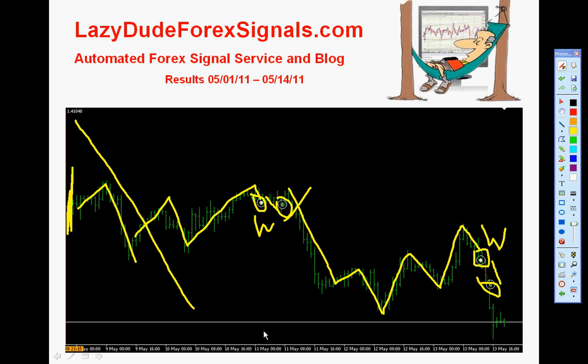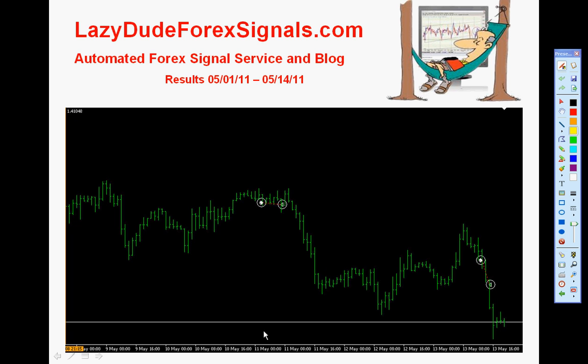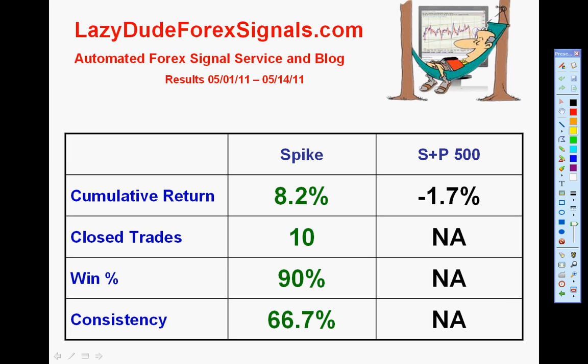It doesn't look like much on this chart because it's a 1 hour chart condensed, so we can squeeze it into a week. But again, on that particular week, we had 2 trades, and we didn't have the channels as clearly defined as we would like them. That's why we weren't triggered into a lot of trades like we were last week. So with that said, let's just flip over to our next slide and look at our results.